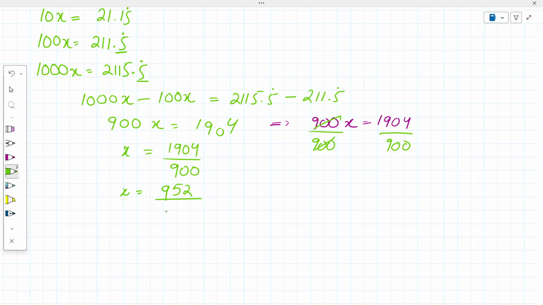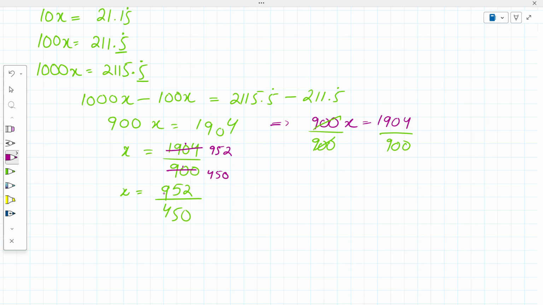How do we do it? We have a common factor, that is 2. So 2 9s are 18, 1 carry, 0, so it will be 952, and in the denominator 2 4s are 8, 1 carry, 0, so it will be 450.